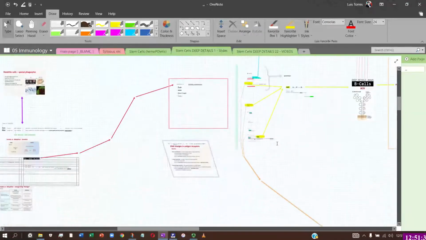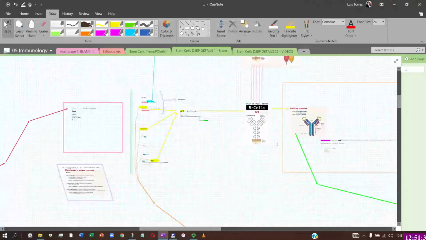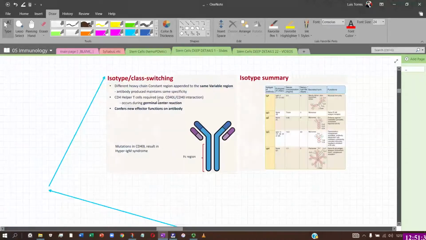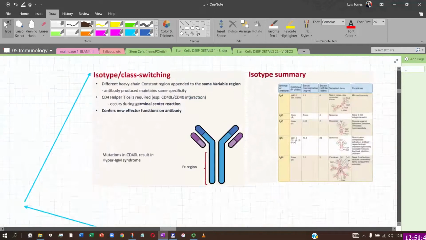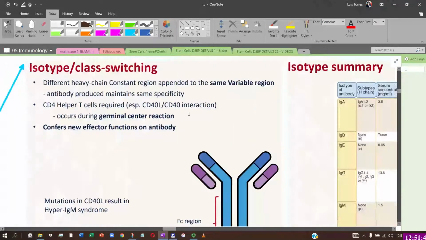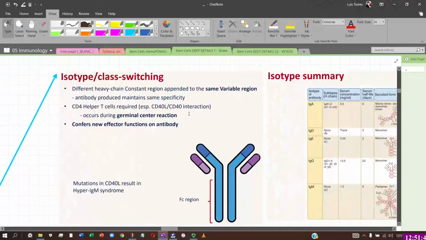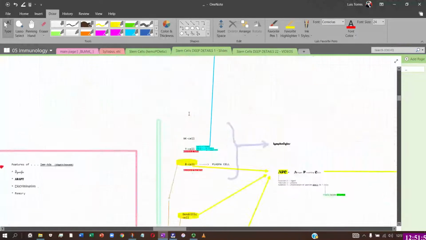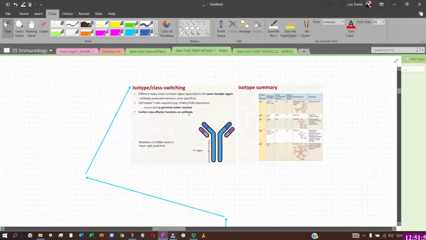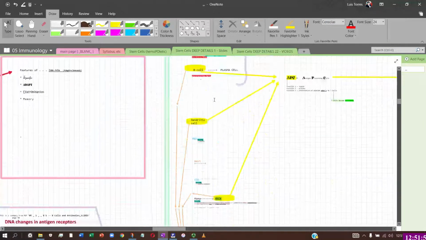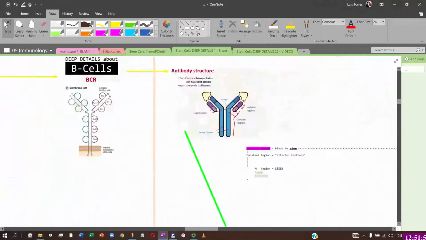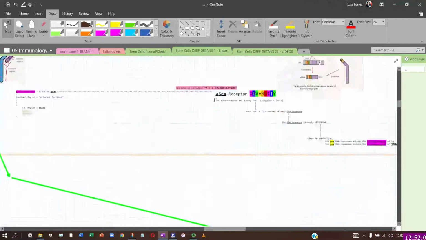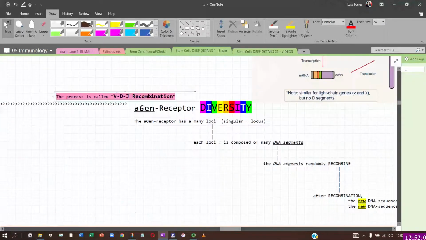Let's see. This is not it, because in the notes he specifies at one point that there are two different concepts: isotype slash class switching, and then this other concept. What is it called? Here we go, VDJ recombination.